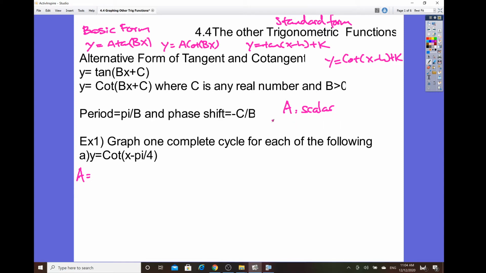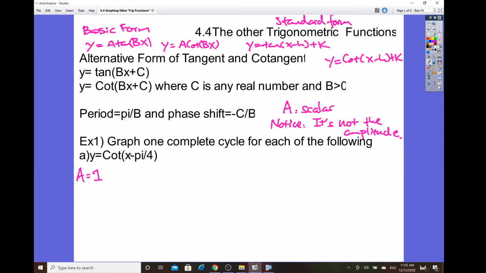So for cotangent and tangent, a is not the amplitude. To graph one cycle, let's identify the scalar. It's 1.